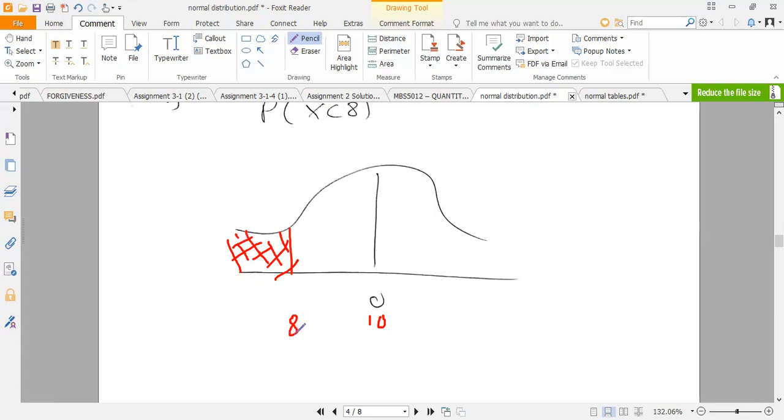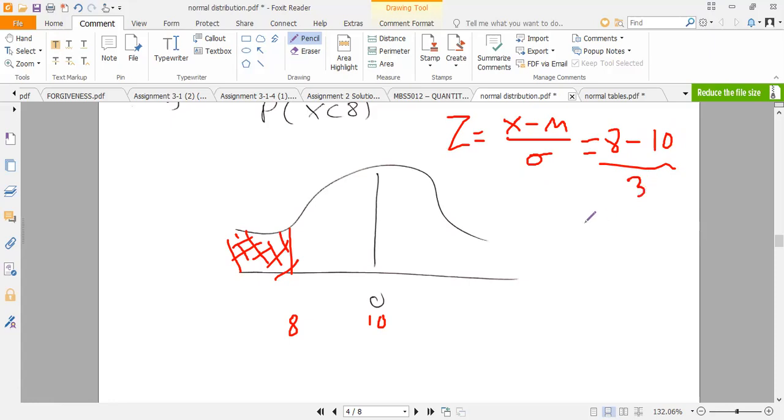So how do we standardize this 8? So Z is equal to x minus mean over standard deviation. So it's 8 minus 10 over what? 3.